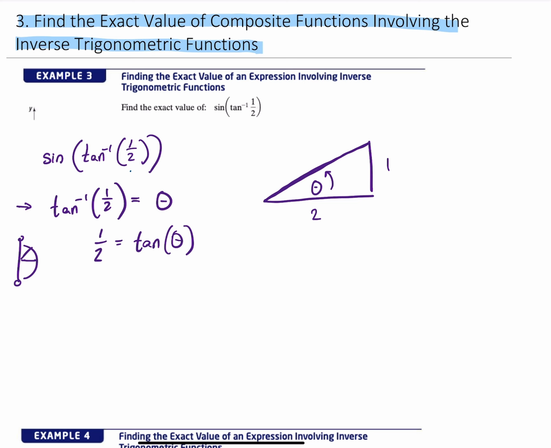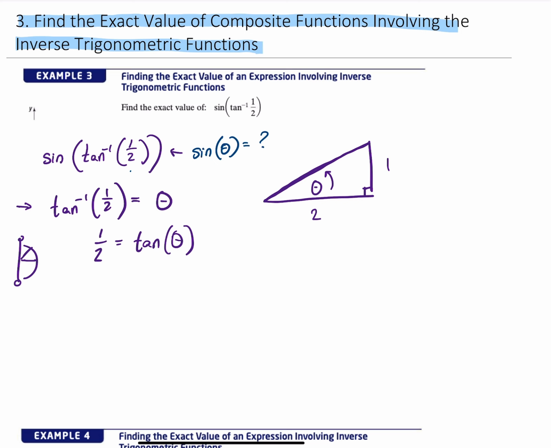So why are we doing this? Well, if we use this triangle, because ultimately, since we said the inverse tangent of 1/2 is equal to theta, we're ultimately going to be asking, what is the sine of theta? And we can use this triangle, since we're calling this theta, to answer the question.